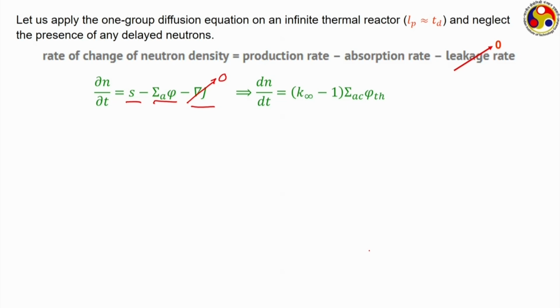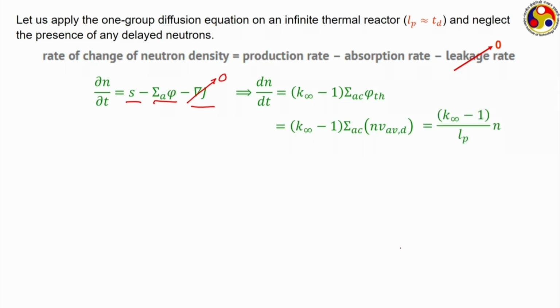Here the neutron density n, as we are considering an infinite thermal reactor, we can neglect the variation in neutron density in different parts of the reactor, and so n becomes a sole function of time only. The absorption and the production rate can be related like this, and phi is n into the average velocity, that is, the neutron density into the average velocity of the neutron.